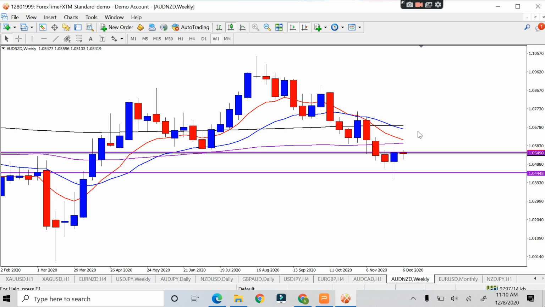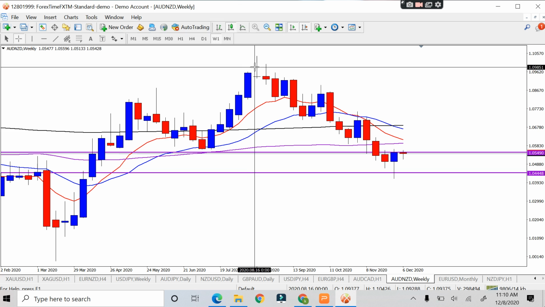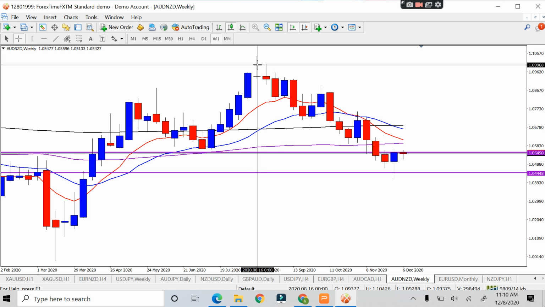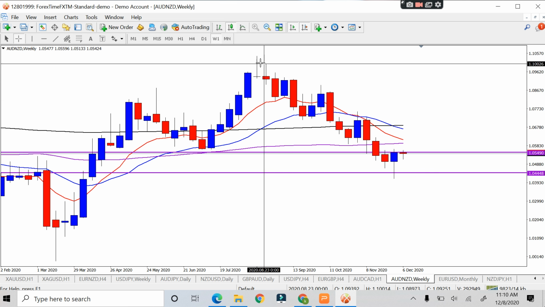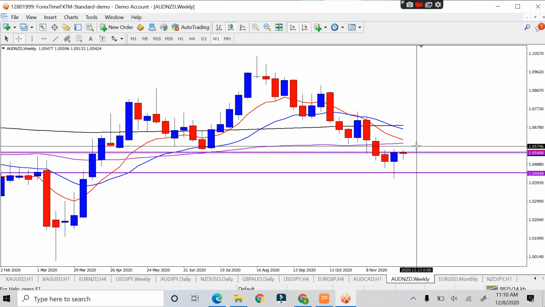Looking at the overall structure, it looks bearish. Price has been coming down since August, for the past 5 months. So I think it's a selling market.